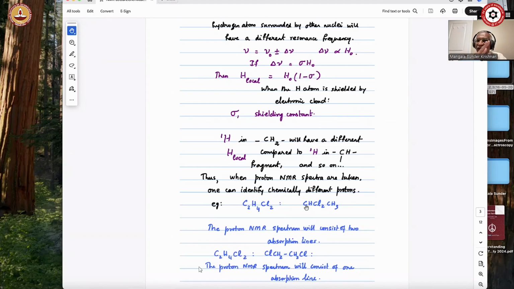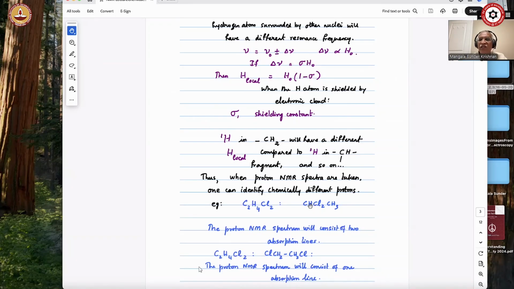Therefore, because your frequency is fixed, 100 megahertz or something like that, the resonance is achieved at lower magnetic field and not at higher magnetic field. But if the proton is shielded, the resonance will happen at a higher magnetic field. So you can see that this proton sees the lower magnetic field for resonance, and this carbon, I'm talking about proton, yes.